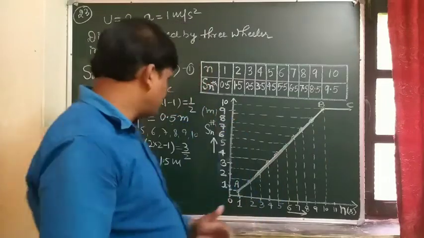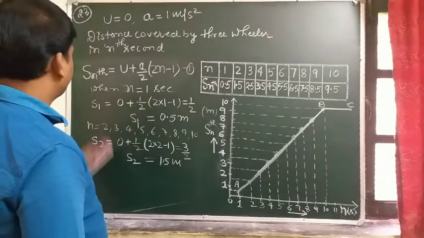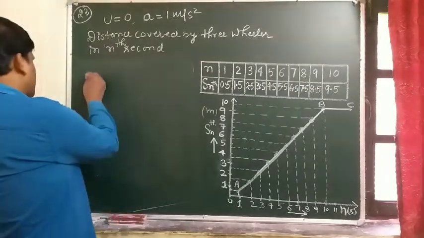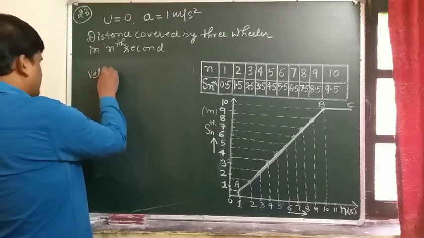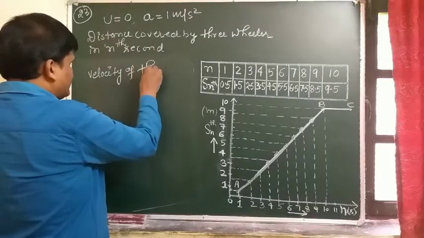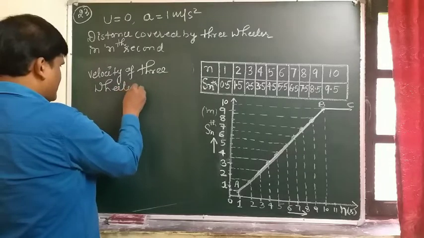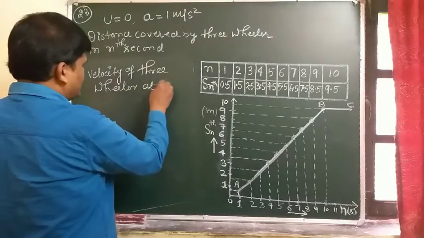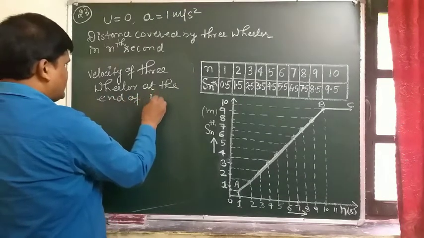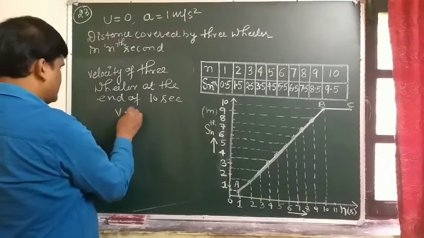So we have to find the velocity acquired by the three-wheeler at the end of 10 seconds. So V equal to U plus AT.